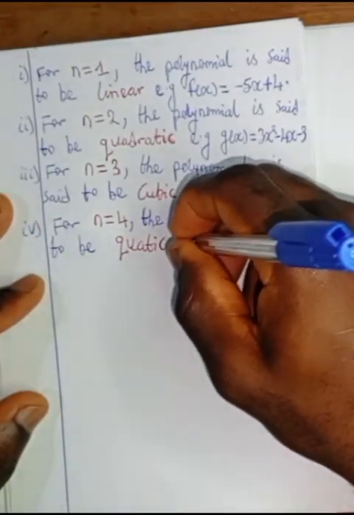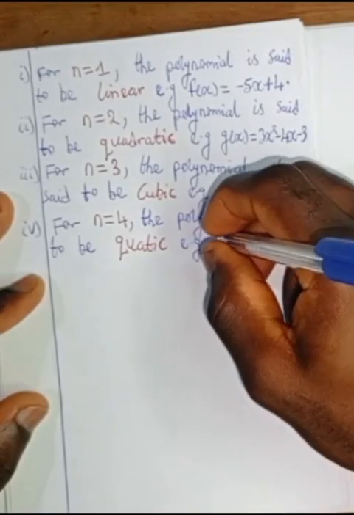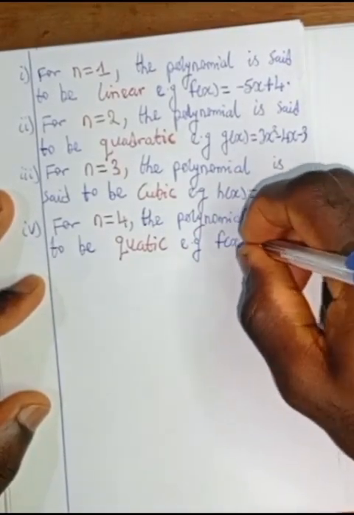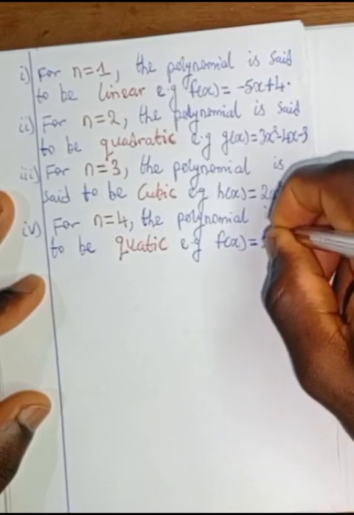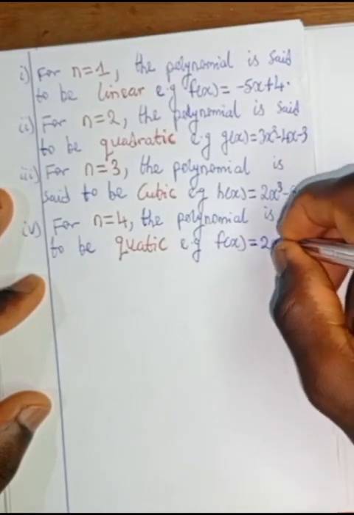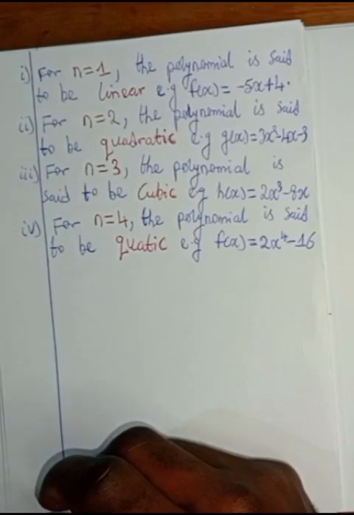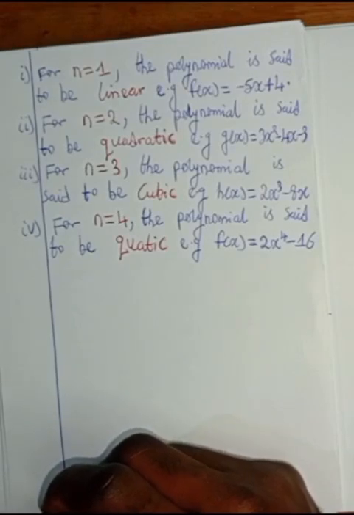E.g., example given, we have the polynomial f of x is equal to 2x to the power 4 minus 16. This is an example of a quartic polynomial.